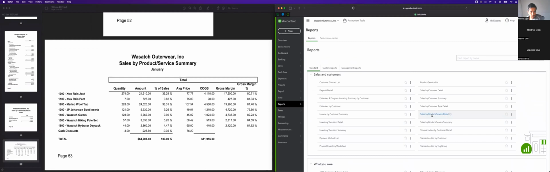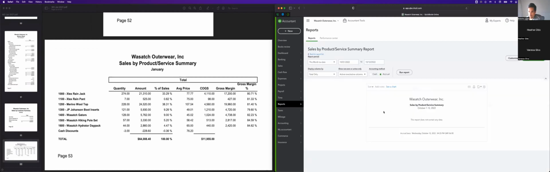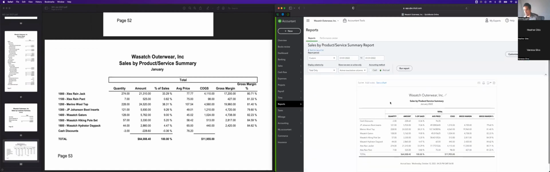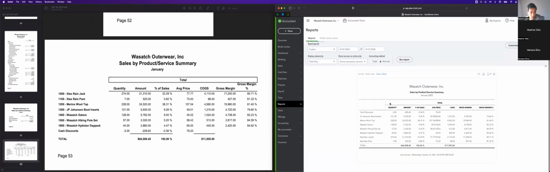So let's see, sales by product and service summary. It's just January. And the rain jacket is 274.